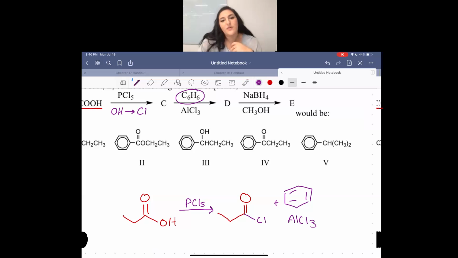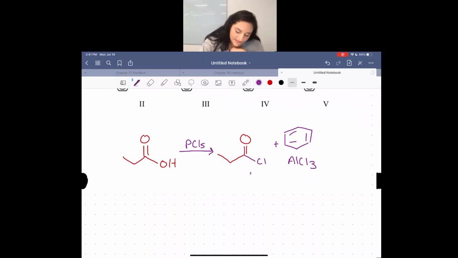So we're gonna react with benzene and AlCl3. So what is AlCl3 telling us immediately? What kind of reaction is this? Friedel-Crafts, cool. Yes, it's an acylation because we have the double bond here. So this is an acid halide.